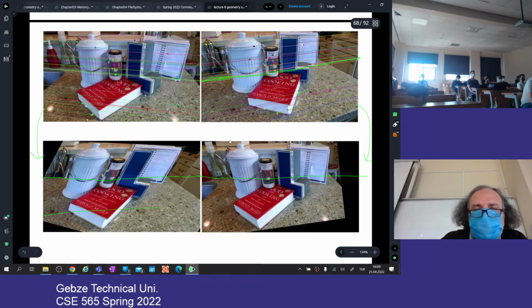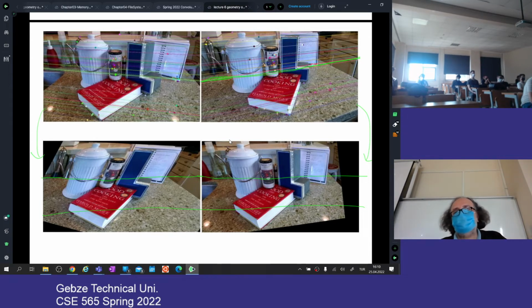Doesn't matter where you look at it, on the same line you have your correspondences. Previously it was different. So that's the nice thing. If I can rectify my images like this, then I don't have to use the fundamental formula for each search. My search will be very, very easy.